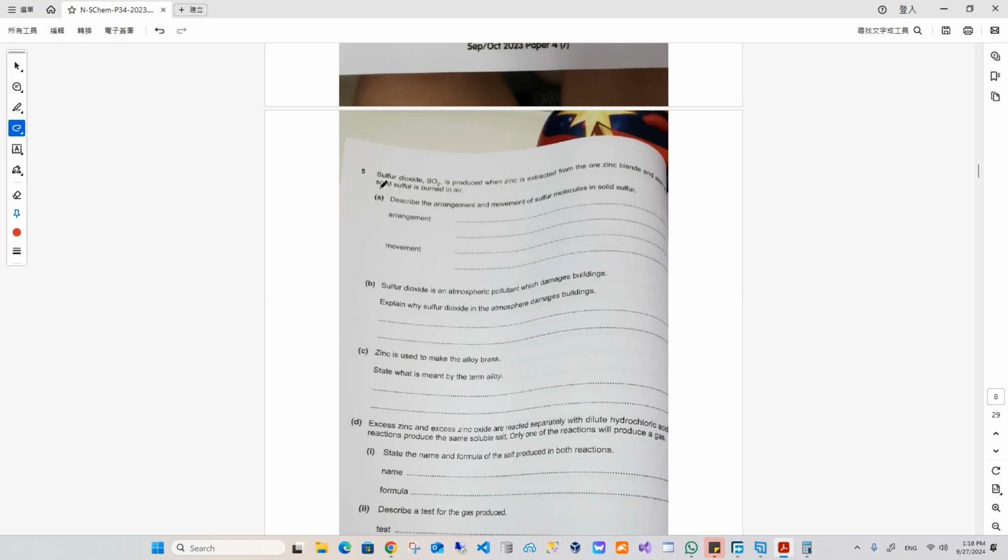Solid sulfur exists in the form of S8 molecules.